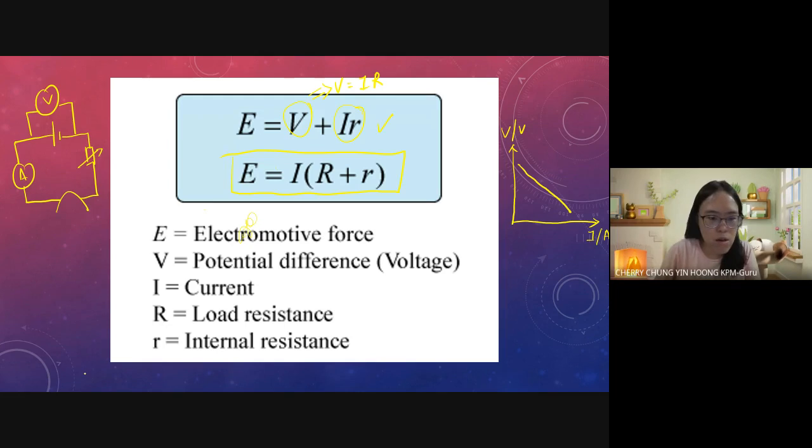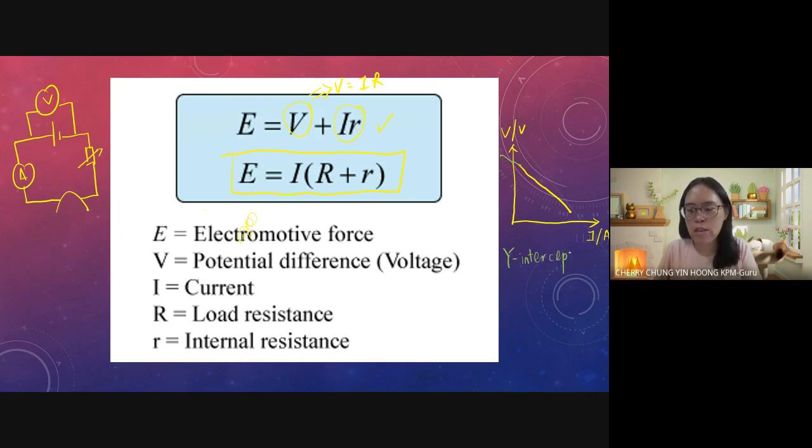OK, 所以呢, 如果说你 extend this graph cuts the y-axis 的话, what can you tell me about what this y-intercept represents?